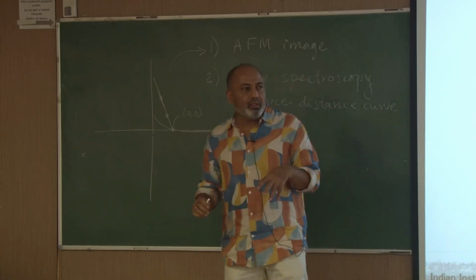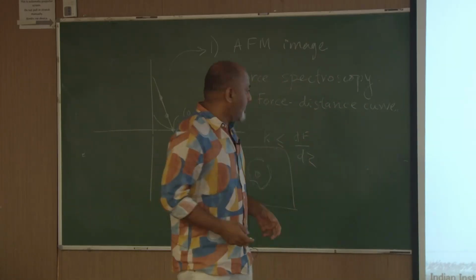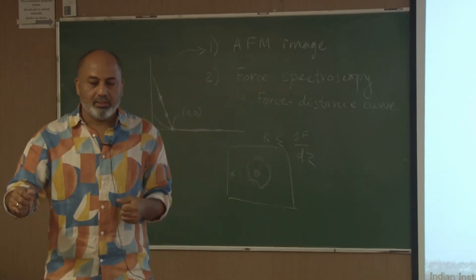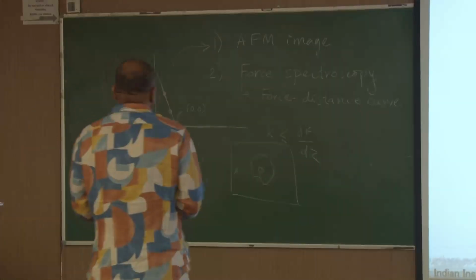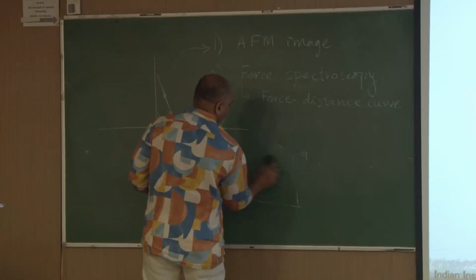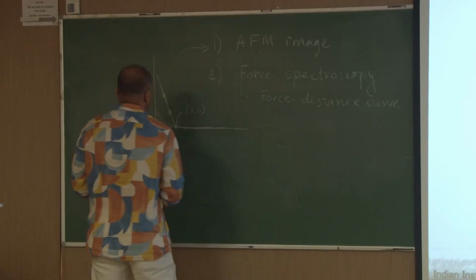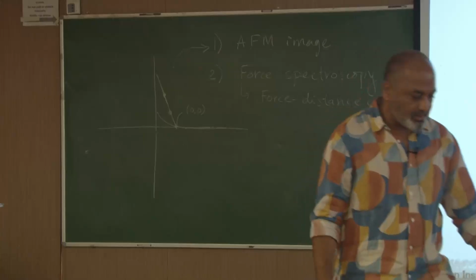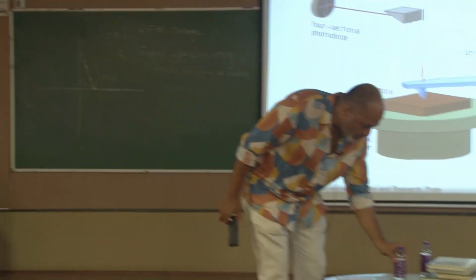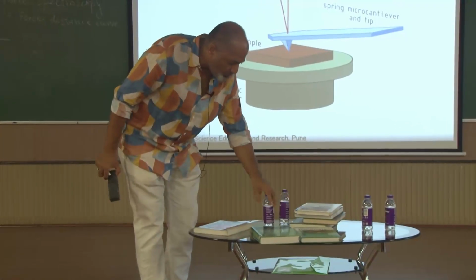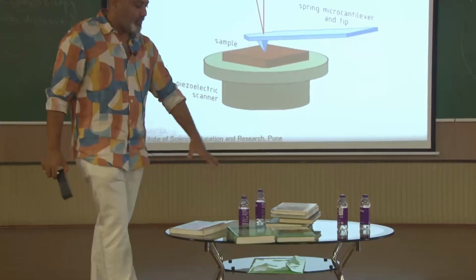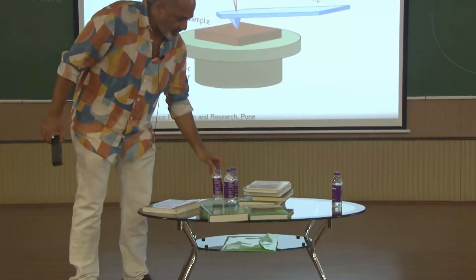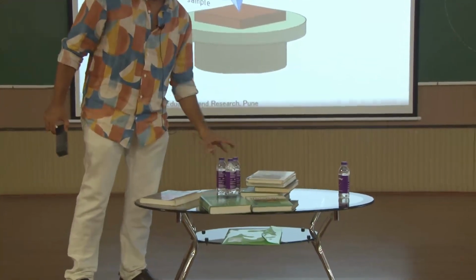And second, very important for biomedical applications and other things, is single molecular interactions. Now, this is the part which we will talk about more in depth. Once again, take the example of this chair, and suppose these are protein molecules sparsely decorated on the surface, which means I am not really able to see one from the other.